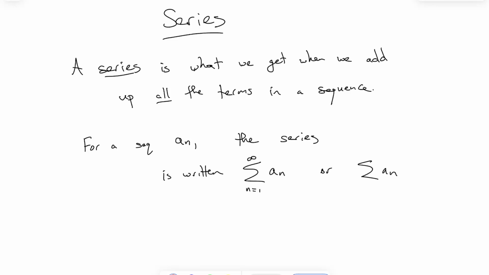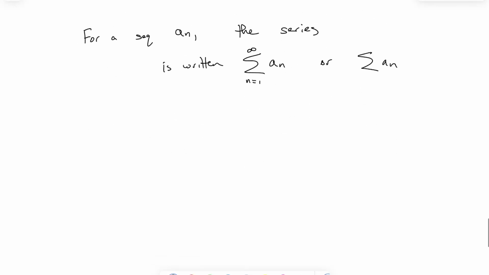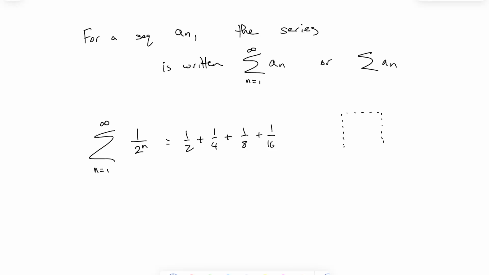We've actually already seen one example like this. Back when we talked about improper integrals, I did a little argument about this. The sum of 1 over 2 to the n. This is 1/2 plus 1/4 plus 1/8 plus 1/16. And I don't know if you remember, but I imagined adding this up according to areas. Like the first one, 1/2 is like half of the box.